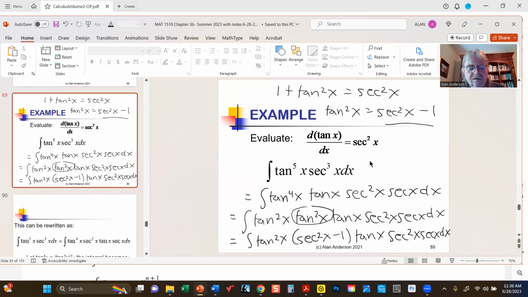I'll put that right here. So here's what we're probably going to have to do. We may have to try u equals tangent x, and then again try u equals secant x. One of them is probably the one we want. It's just a question of which one makes this a little bit neater.